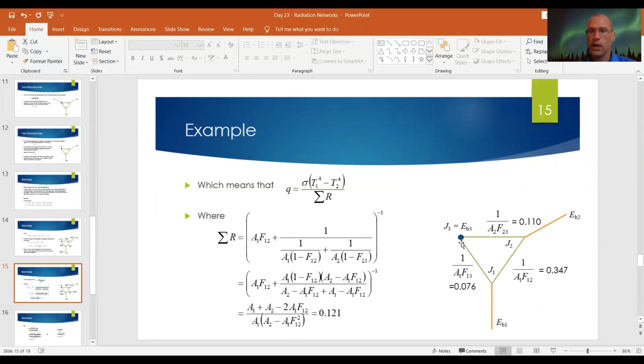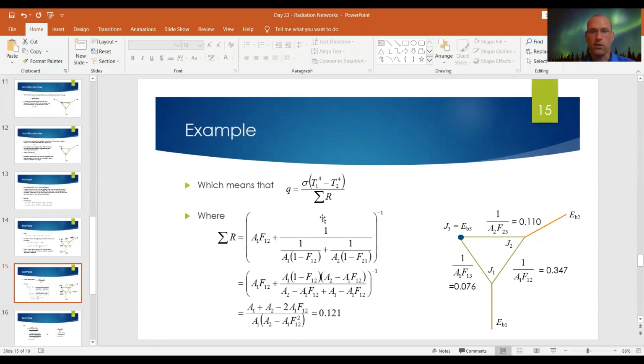I have to go through A1 F13 and A2 F23. Both of those resistances, 0.076 for the first one, 0.110 for the second one. So basically I have a parallel option.